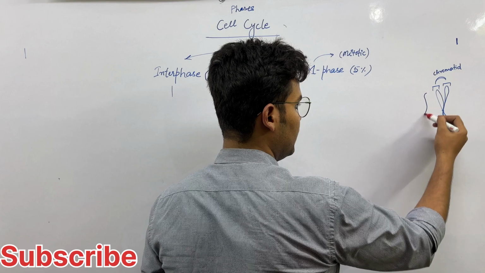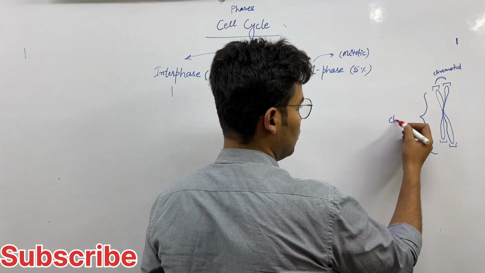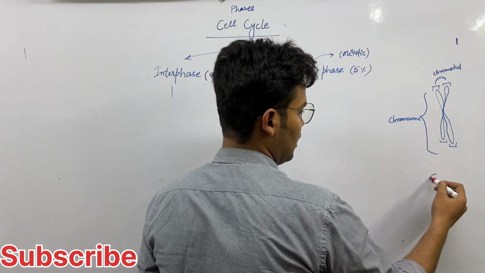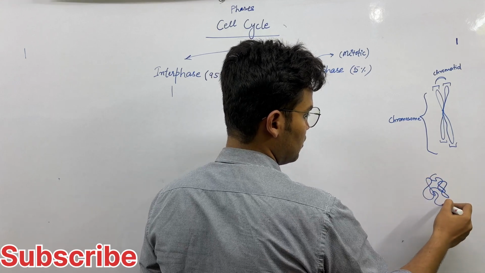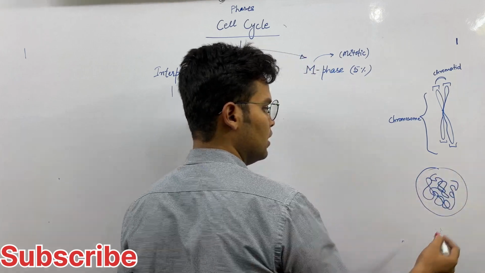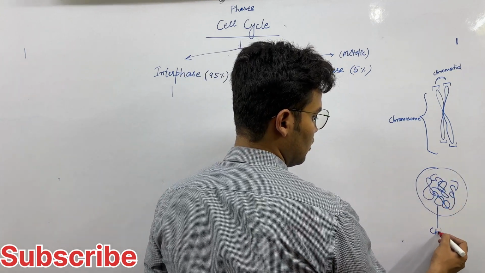This whole thing is the chromosome, and that thread-like structure present in the nucleus is chromatin.